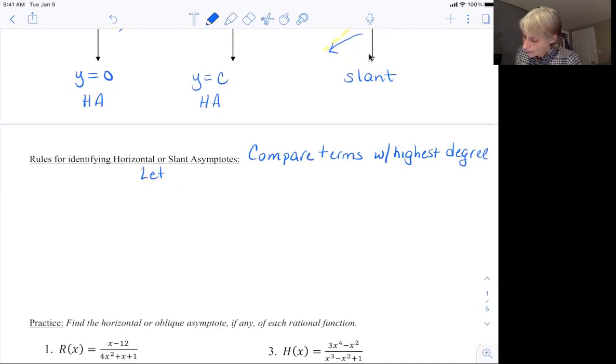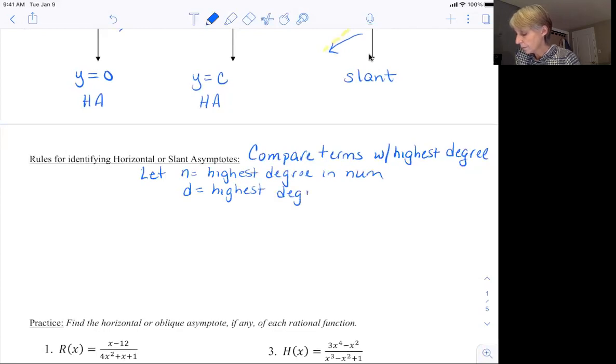We'll let n equal the highest degree in the numerator and d equal the highest degree in the denominator. And I'm talking about the entire term.